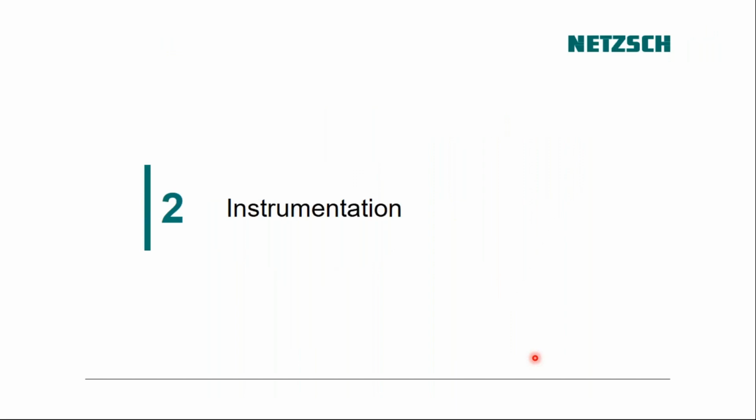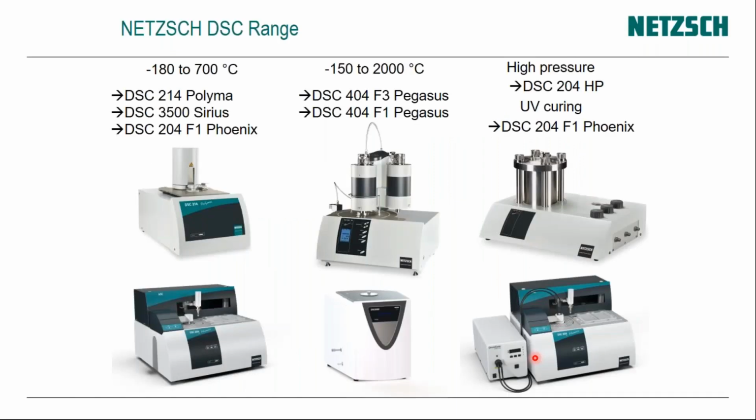Coming to the instrumentation part, next we have a broad range of DSCs which meets the requirements for low temperature as well as for high temperature applications. When we speak of low temperature, we have a couple of instruments which go from the sub-ambient temperature range, the cryo range, say from minus 180 degrees up to 700 degrees.